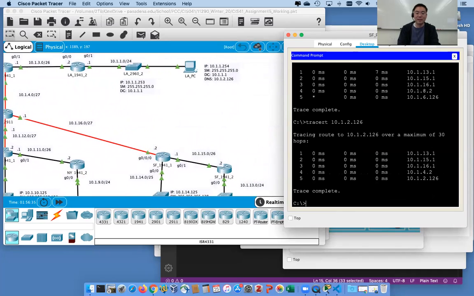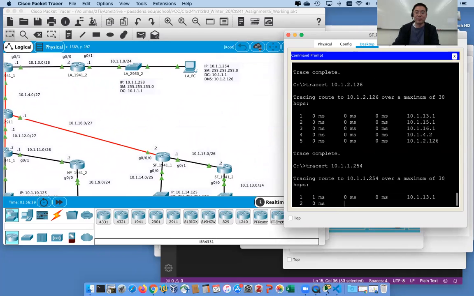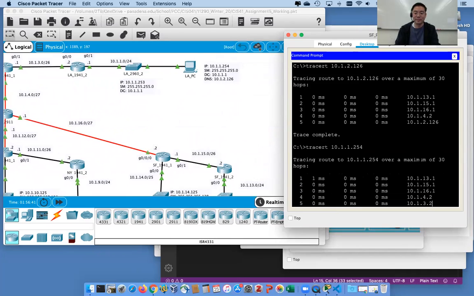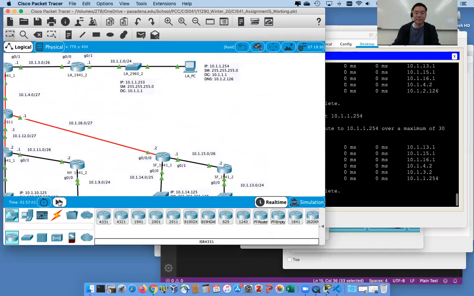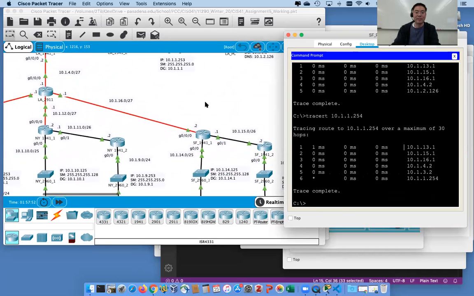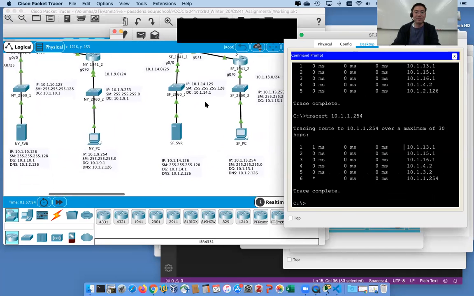And then 10.1.1.254. Okay, looks like our routing's good.